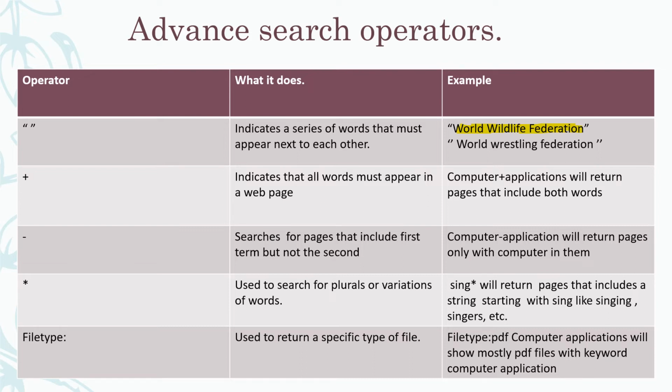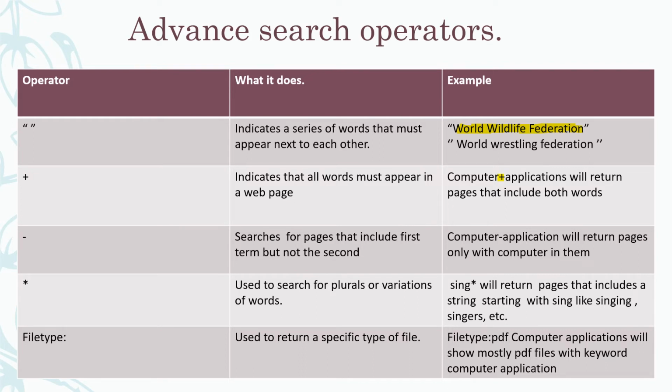Then we have the plus operator. It indicates that all words must appear in a web page. So, for example, computer plus application will return all of the results that contain computer and application together, not separately.